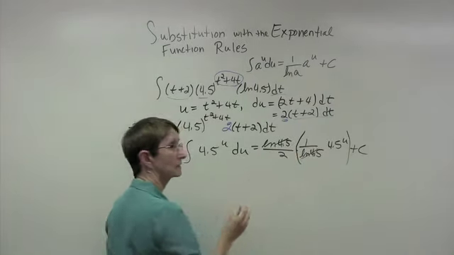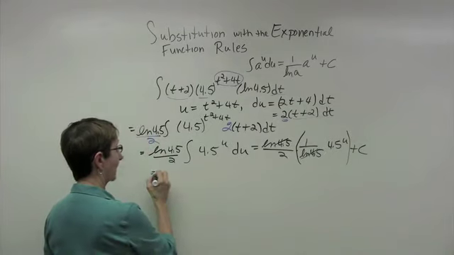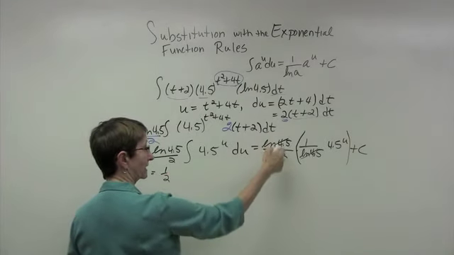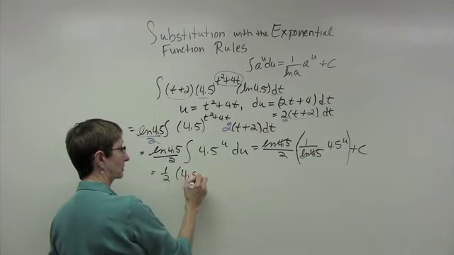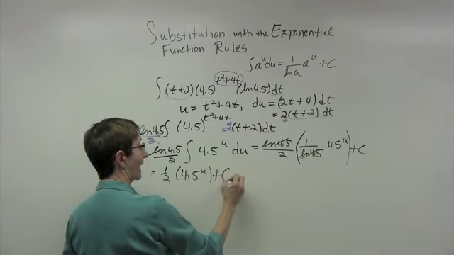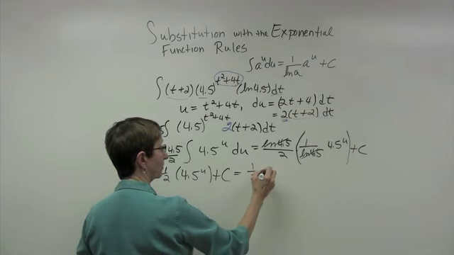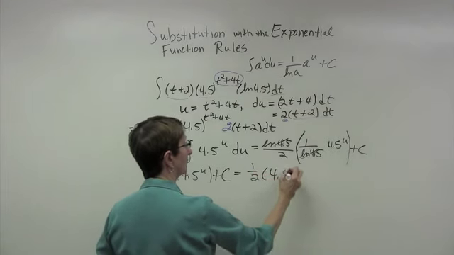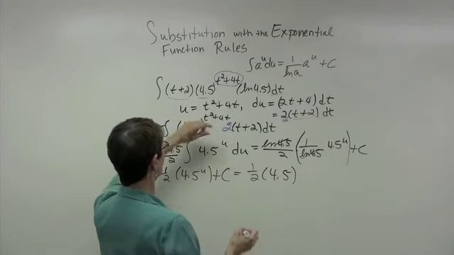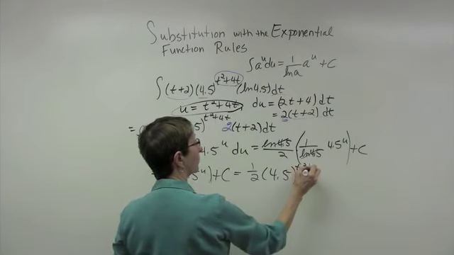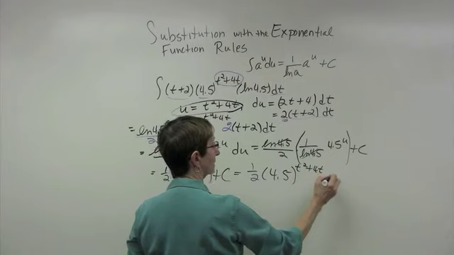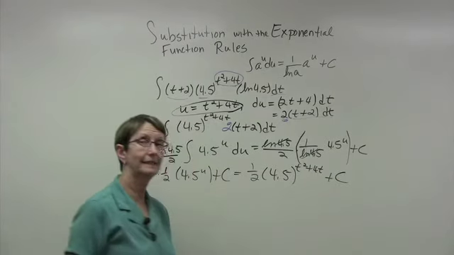They'll cancel. So I have 1/2 in front now, 4.5 to the u, plus c, and I put my original variable back in. 1/2, 4.5 to the, here's u right up here, t squared plus 4t plus c.